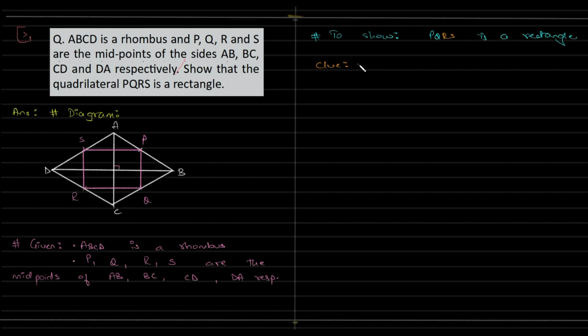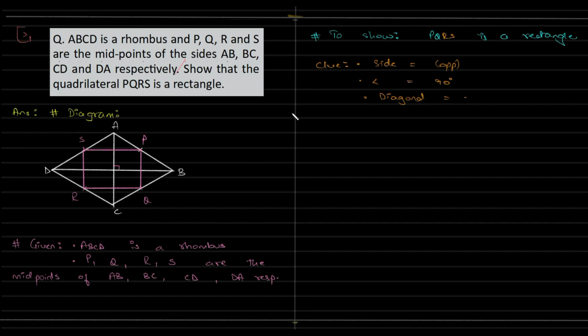To prove something is a rectangle, we can talk about the opposite sides being equal, or the angles being equal to 90 degrees, or the diagonals being equal to each other. There are quite a few things you can prove. It's left to you which one you want to prove. Right? So these are all the things that we can prove.